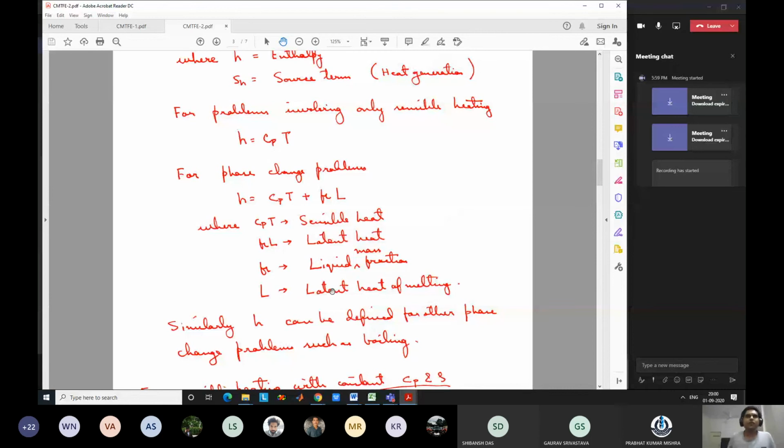So in that case, my enthalpy value will be 0 at 0 degree centigrade, but your enthalpy value will be Cp into 273 because at 0 degree centigrade, T is 273. So we have two different enthalpy values at the same temperature, because of different references.